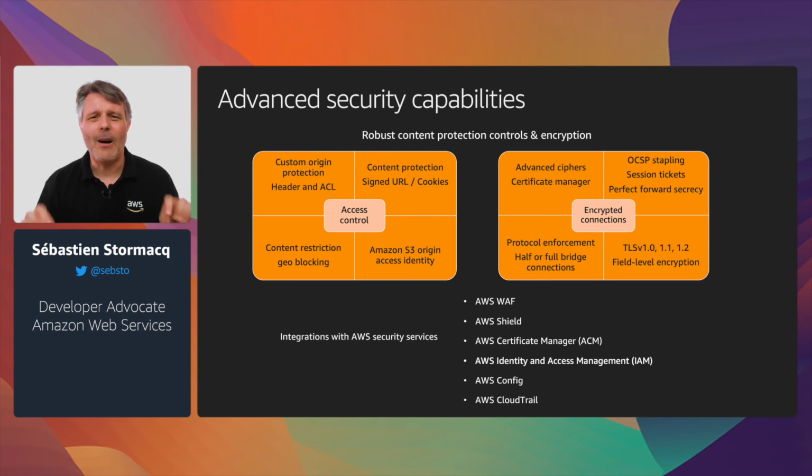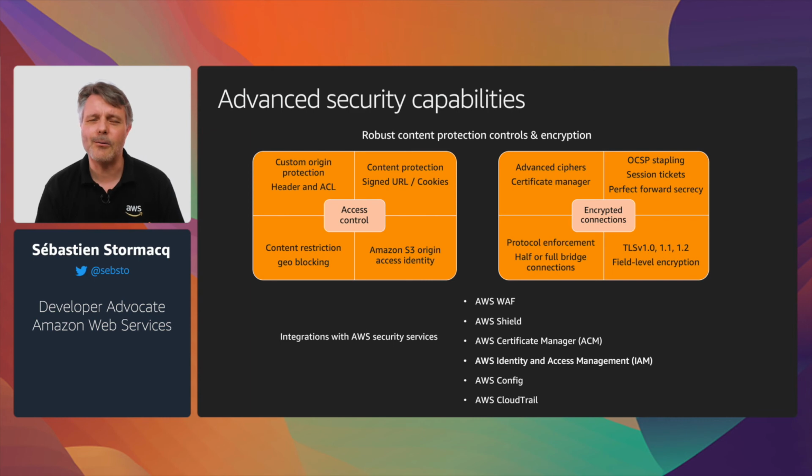So CloudFront has quite advanced security possibilities with access control. It can help to verify header or ACL or signed URL. If you are connecting to an Amazon S3 origin, you can create an origin access identity that allows you to keep your Amazon S3 bucket private, and to authorize only CloudFront to access that bucket.